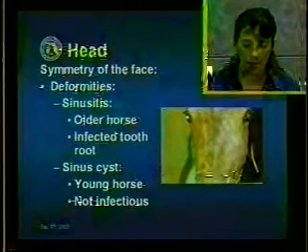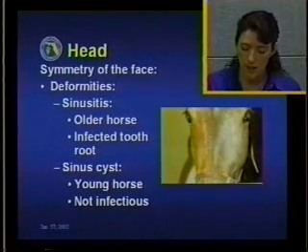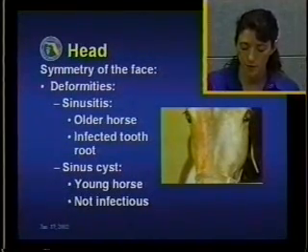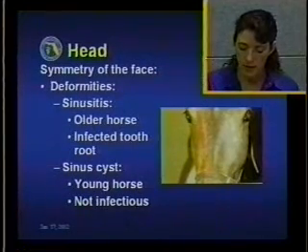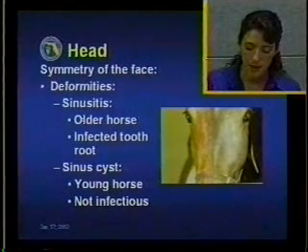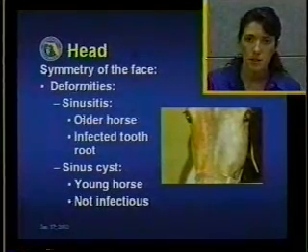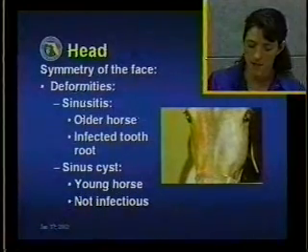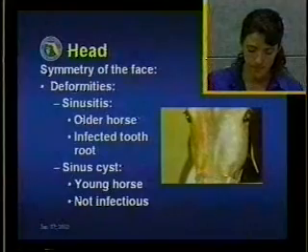And this is a non-infectious disease. It's just a hyperproduction of fluid by the lining of the sinuses, and an obstruction to the evacuation of this liquid. So therefore, the treatment for this condition is surgical, where the sinus is opened and the lining of the cyst is resected.